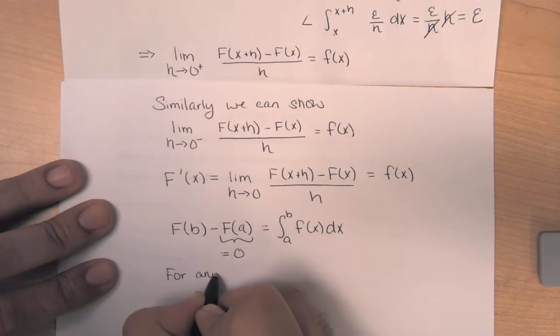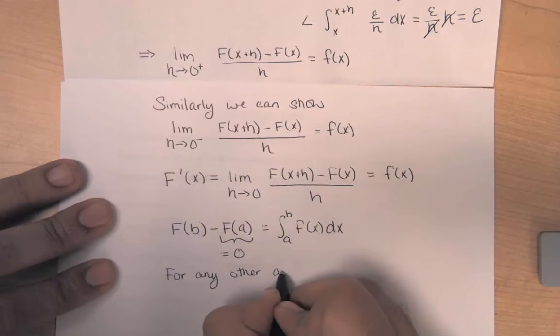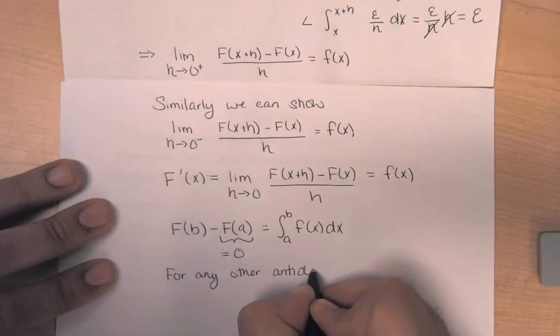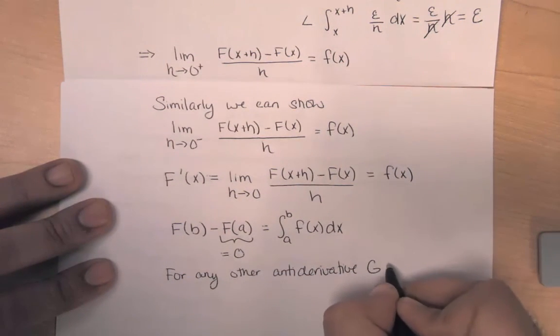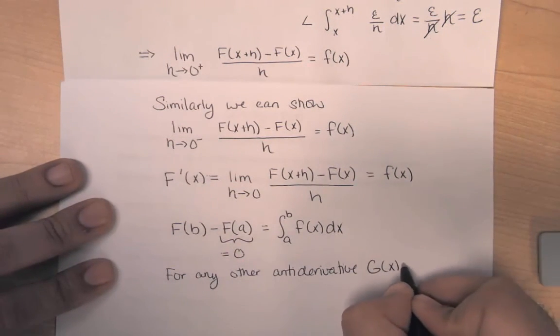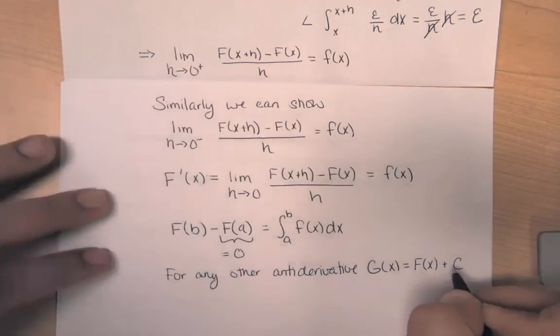For any other antiderivative, G, we know that it's just F plus a constant.